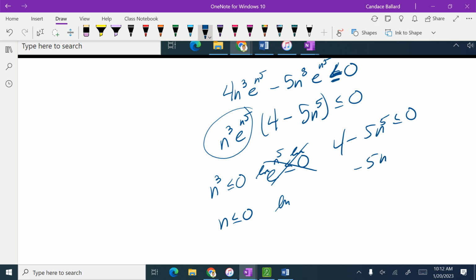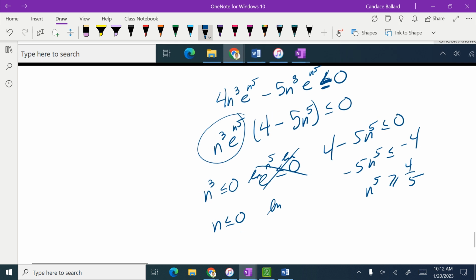Negative 5n to the 5th less than or equal to negative 4. I divide that over, so it's positive 4/5, but I flipped the inequality sign. So I know it's decreasing when it's less than 0 and when it's greater than 4/5. I'll let you catch up, and then we'll talk about whether that's in our interval.